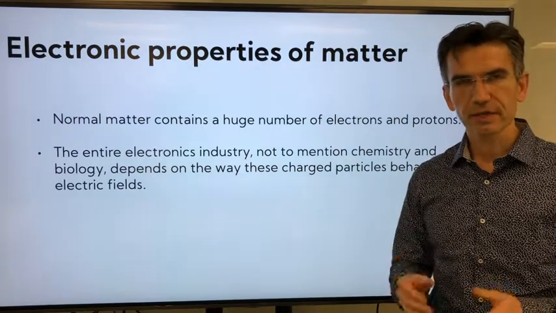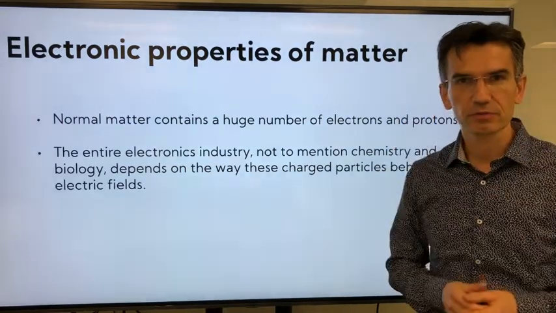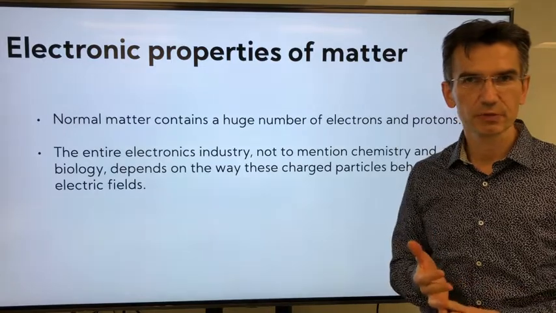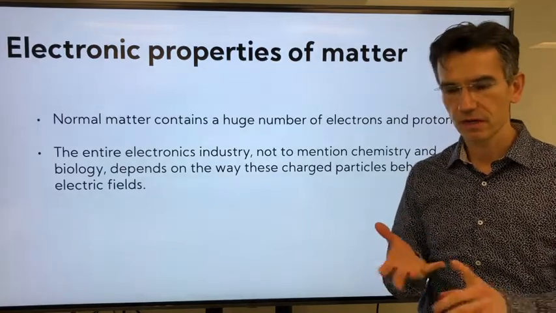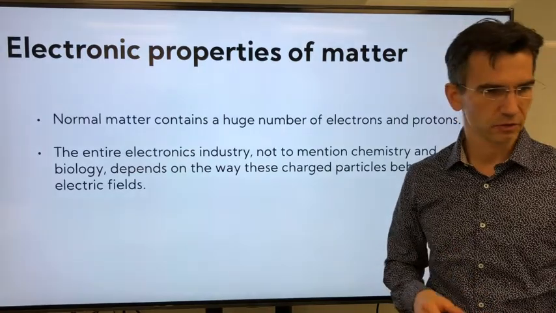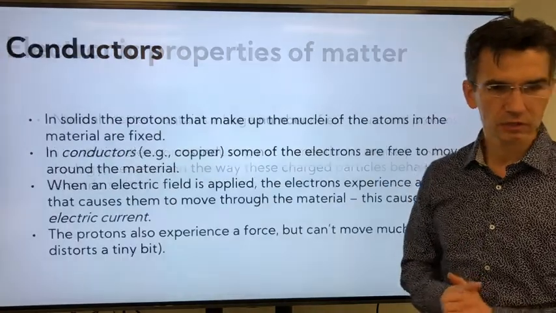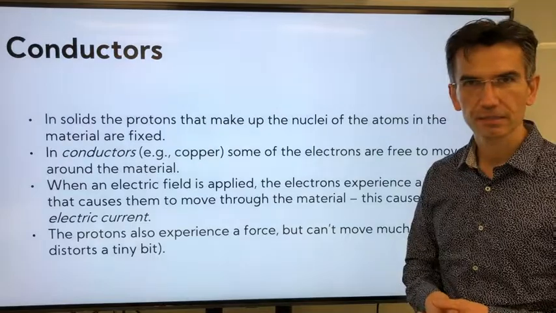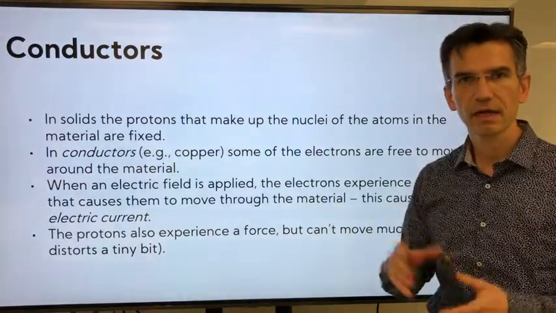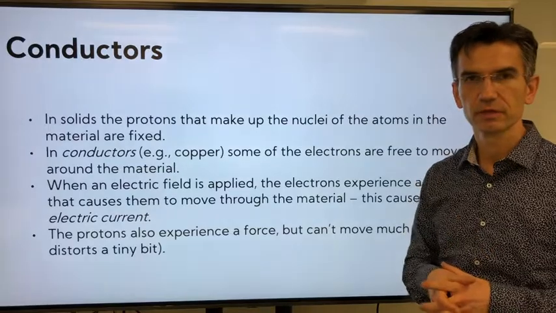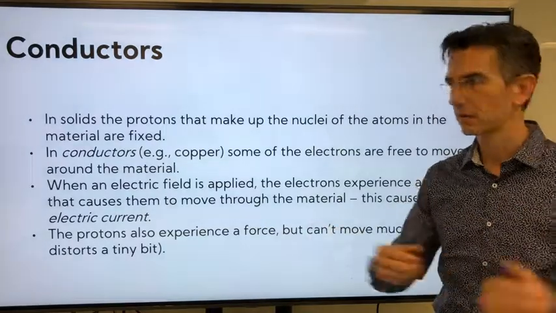When we discuss the behavior of matter in electric fields, we distinguish between three basic types of matter: conducting matter, insulating matter, or semiconductors. You know that conductors are metallic, and they are made up of nuclei that have some electrons that are free to move within the metal.